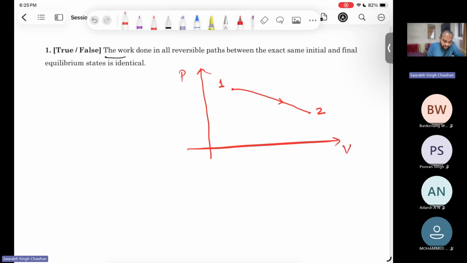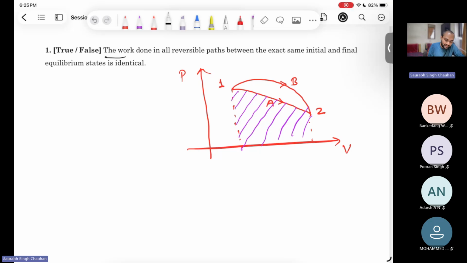This is path A, let us say a reversible path A, and another path can be path B. So the area under both curves is different, no? The area is not the same. So since the area is different, the work done along both of these paths will be different, right?